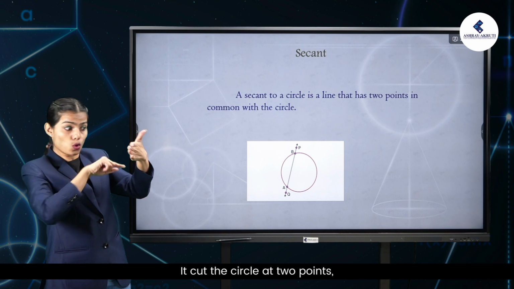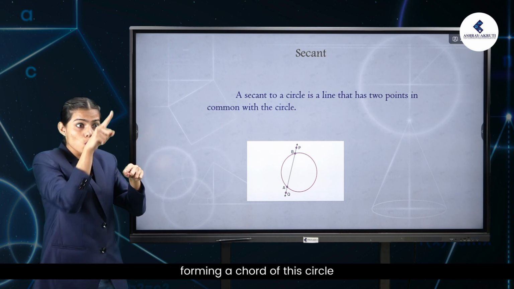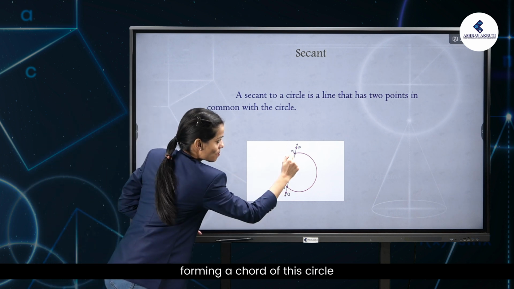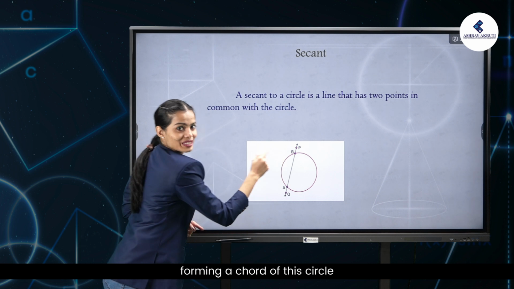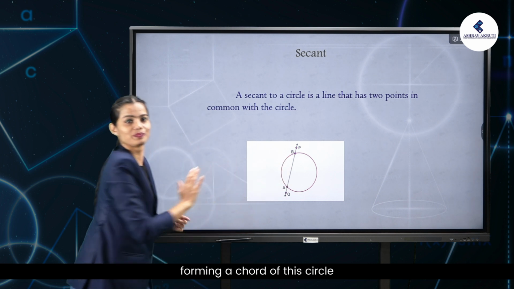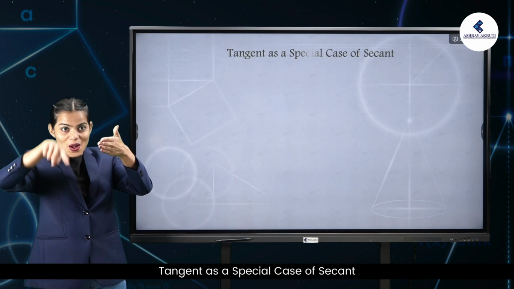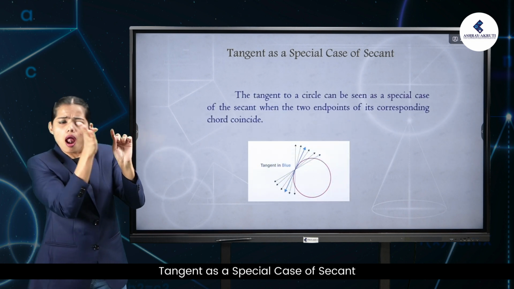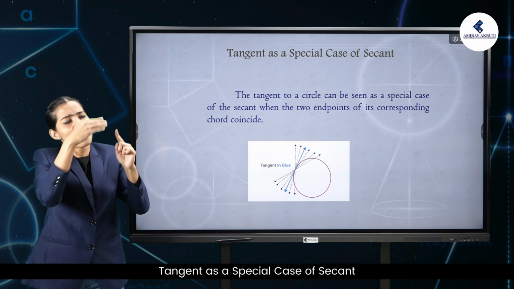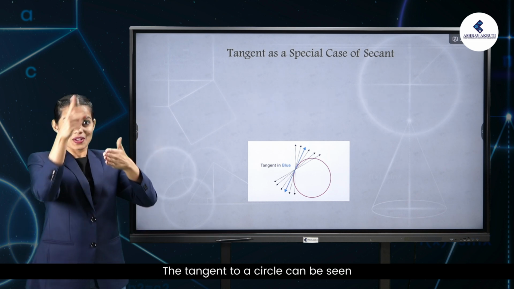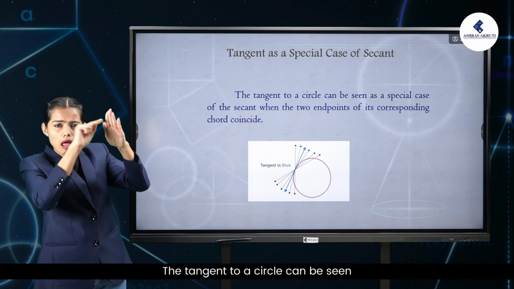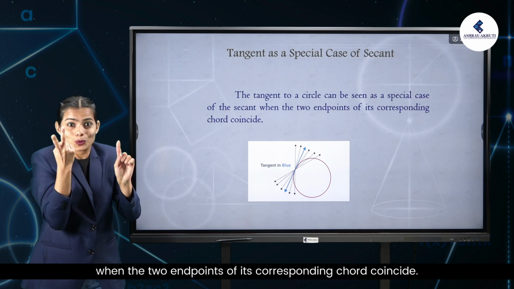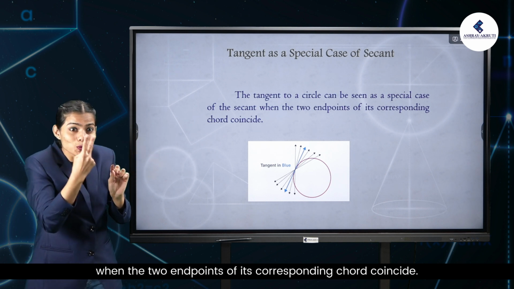It cuts the circle at 2 points, forming a chord of the circle. Tangent as a special case of secant. The tangent to a circle can be seen as a special case of the secant when the 2 endpoints of its corresponding chord coincide.